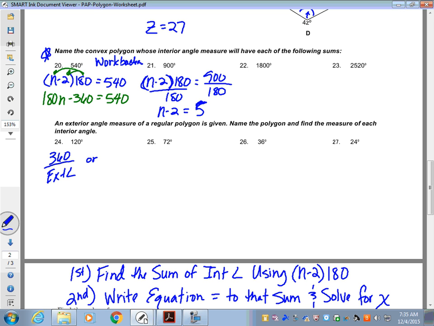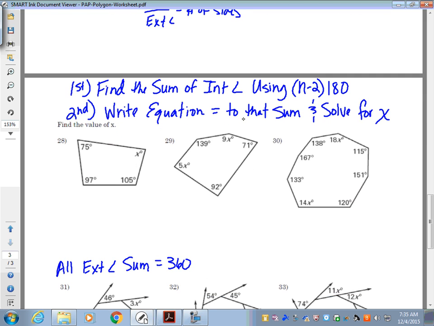But if they ever give you the interior angle, to get the exterior angle, you just subtract it from 180. And then by knowing the exterior angle, 360 divided by the exterior angle gives me the number of sides. So that is that.